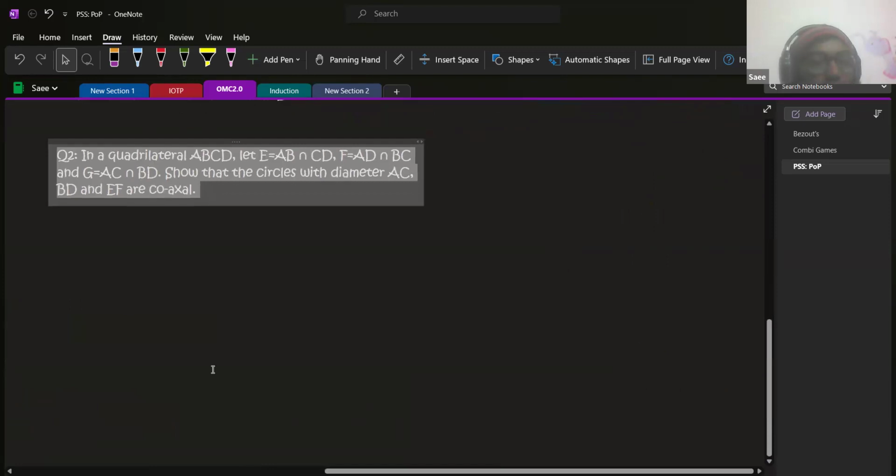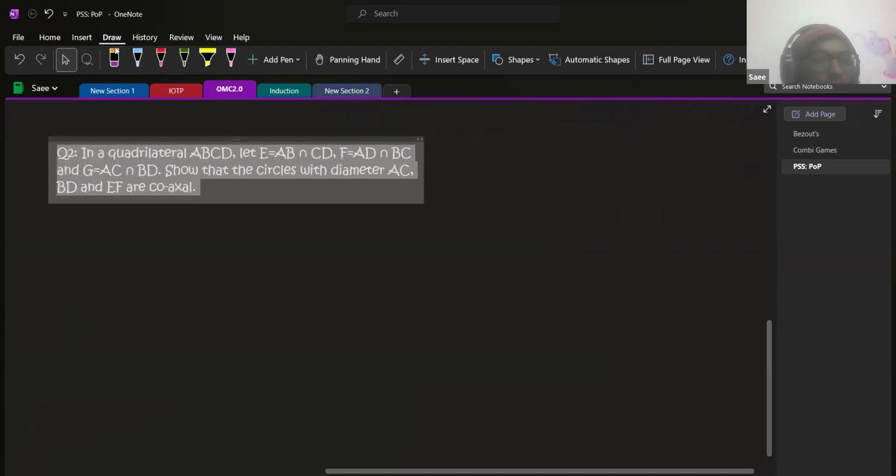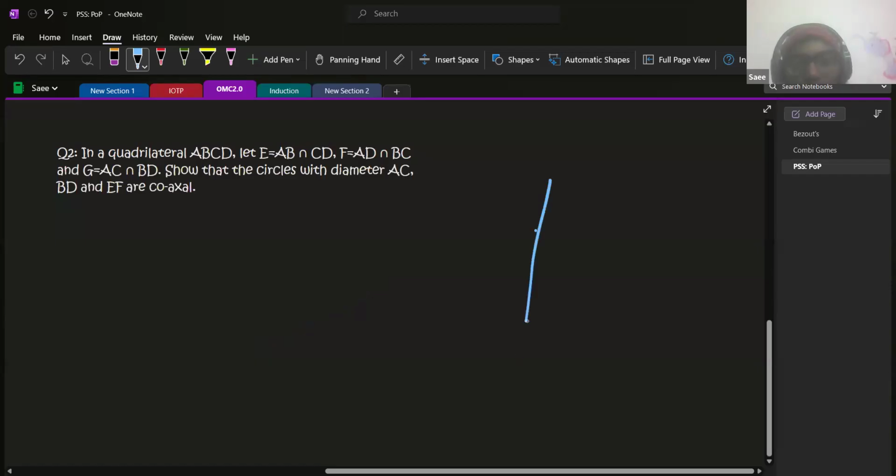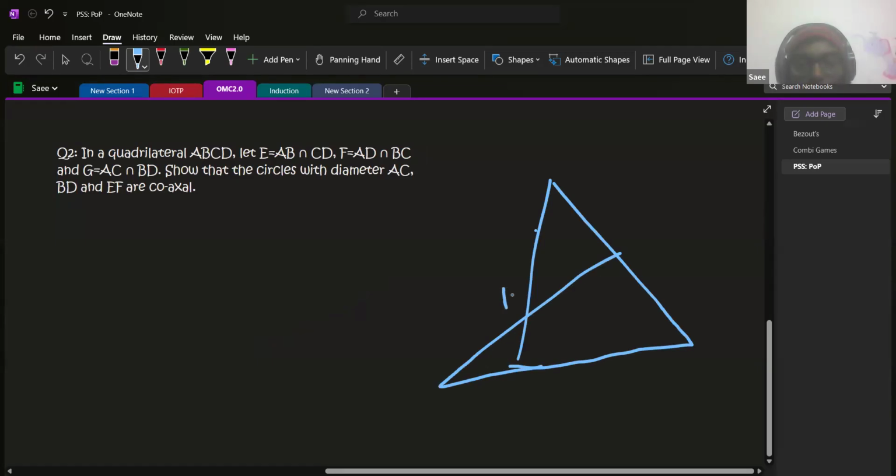In a quadrilateral ABCD, okay, so we're looking at something called the complete quadrilateral configuration. So we have quadrilateral ABCD. For every pair of sides, or we look at pairs of points, pairs of vertices, and look at their intersections.